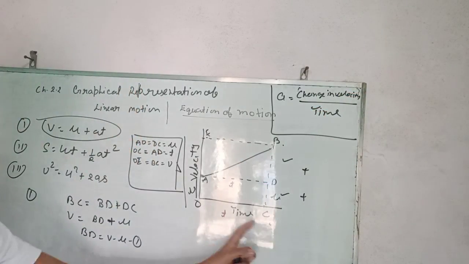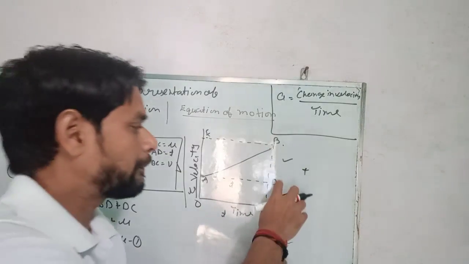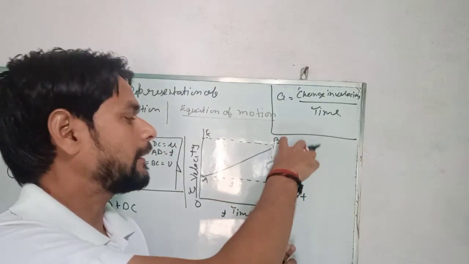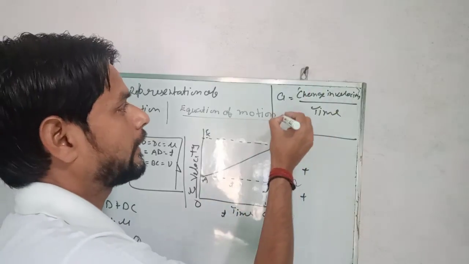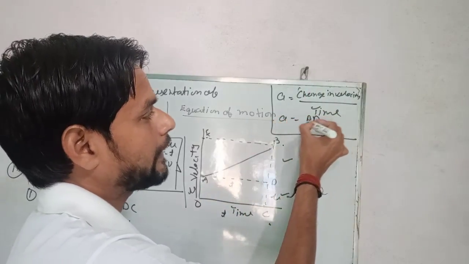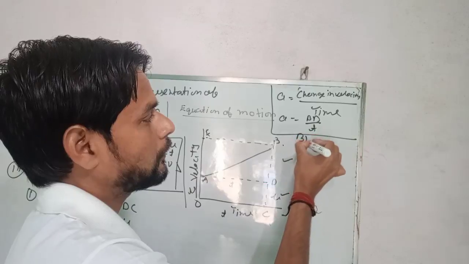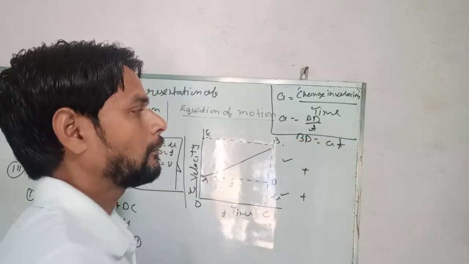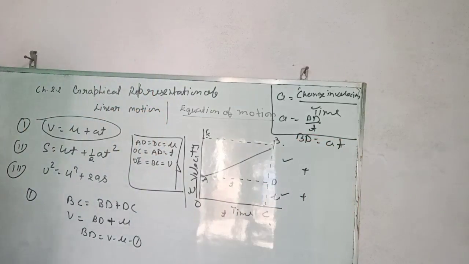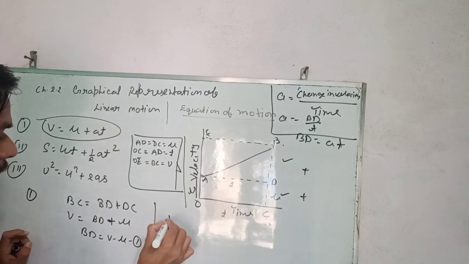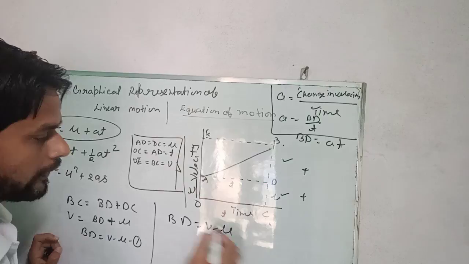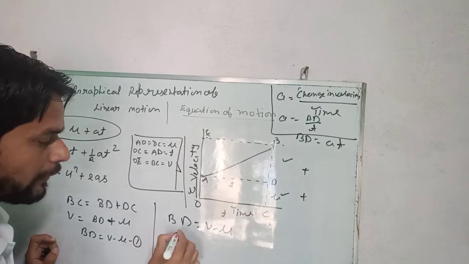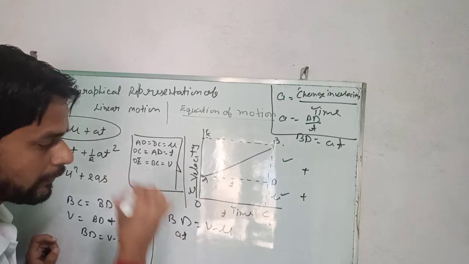What is the change in velocity in the graph? CD is the initial velocity and BC is the final velocity. The change in velocity is represented by BD, and time is equal to t, so BD is equal to at. Put the value of BD in equation first, where BD is equal to v minus u.